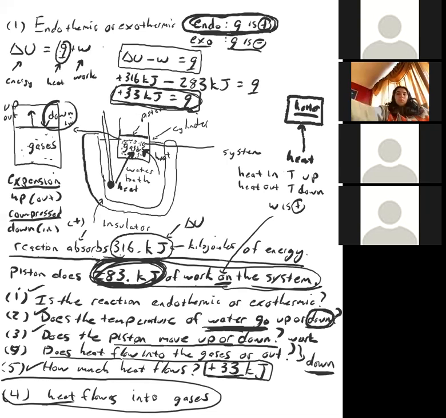This really gets into how well do you understand the language that we're using. It's really a language problem. Flowing in, flowing out, heat, work, the sign convention. But it's pretty challenging. That's a tough problem. So that's, in my opinion, the toughest problem in this chapter. And so if you really want to get good at it, you'll have to practice it a few times.